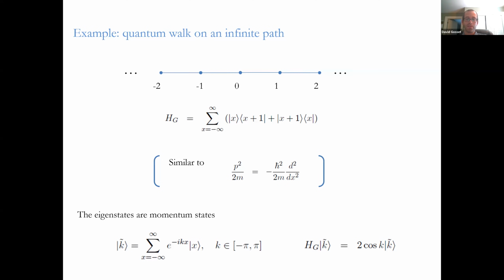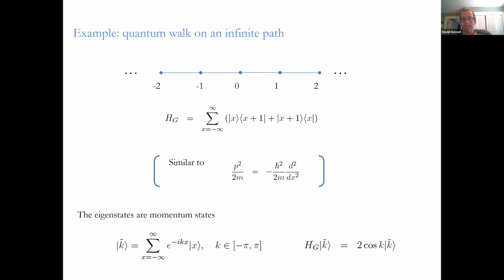Now, if you try to solve the eigenvalue equation, then what you will find is that the solutions are momentum states. I've written their functional form here. These are not really states. You should think of them as functions that take as input a vertex and output the complex number e to the minus ikx, because they're not normalizable.